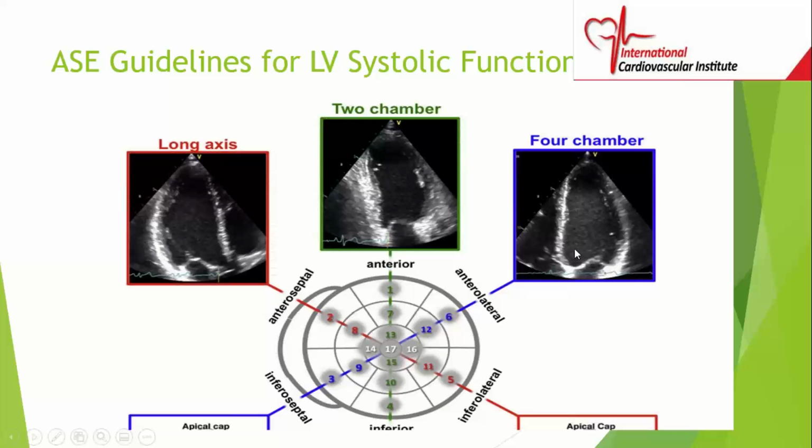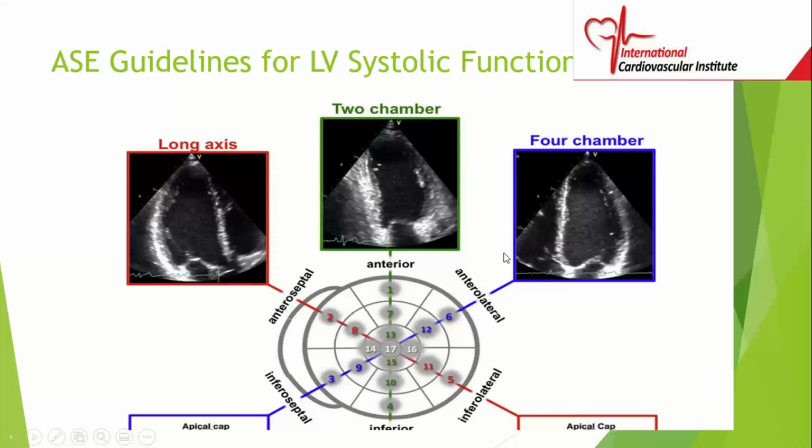The 4-chamber view is essentially when you cut the heart along this plane, okay? So you cut the heart along this plane, and that's how we get our 4-chamber view. This is our septum, but it is the inferior septum because you're cutting the heart like this. So this is our inferior septum.